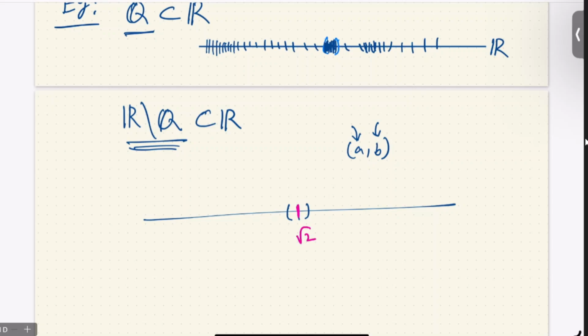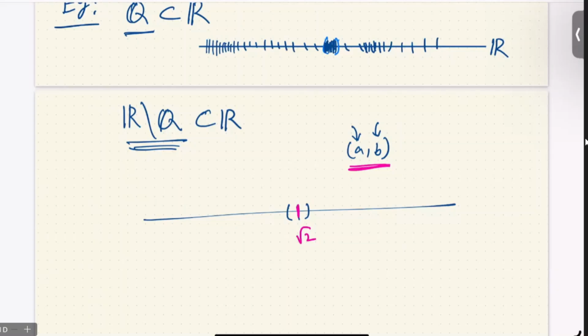Let's say root 2. I just want to see the pure root 2, nothing else, with the open interval (a, b) as close as possible to root 2. You never isolate root 2. At least you want to surround root 2 by only irrationals, not rationals, and you can't achieve that. There is always a rational number, however close.